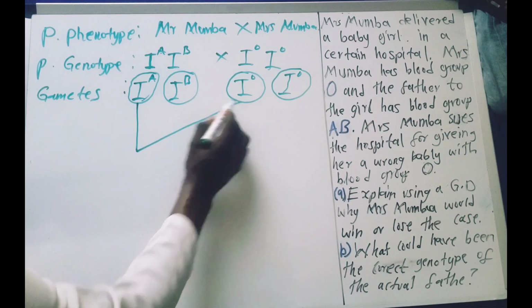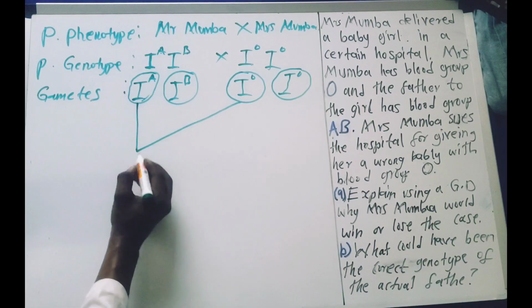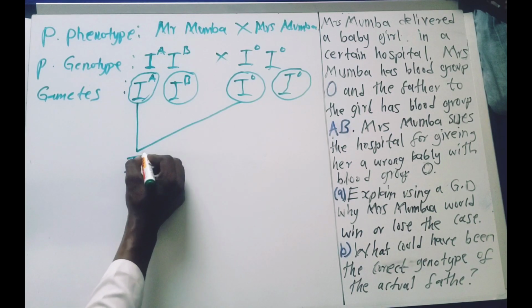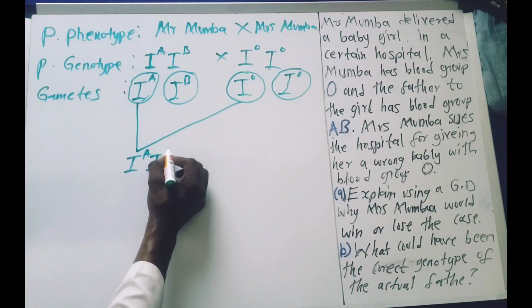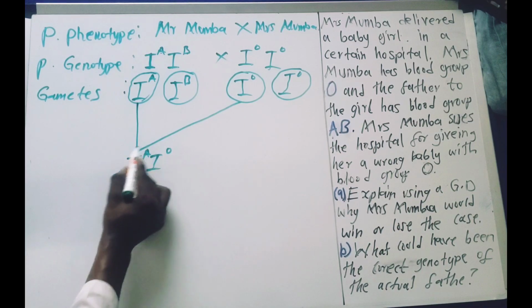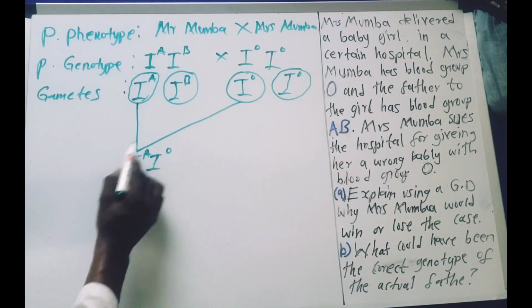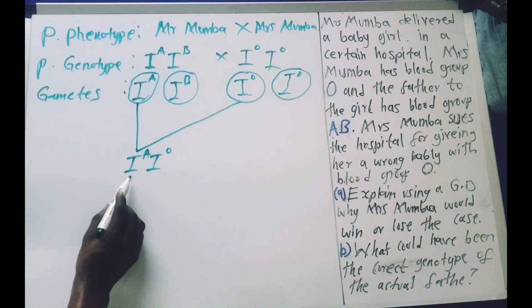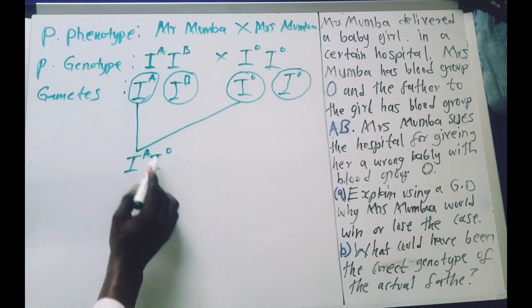So when it crosses with this, what do we produce? This is I with A, and this is I with O. This is the genotype the first child is going to have. This A crosses with this O and will produce this.